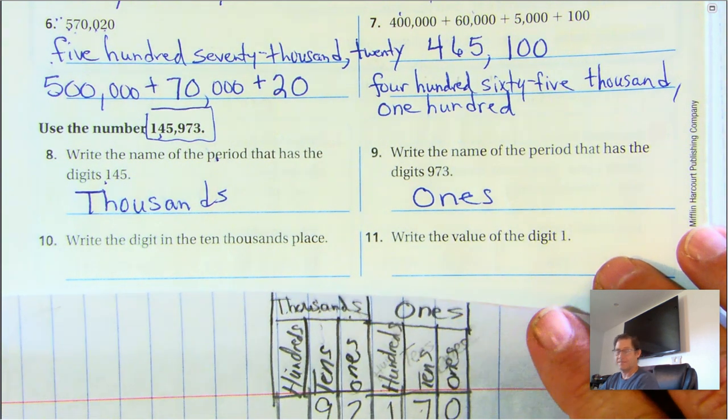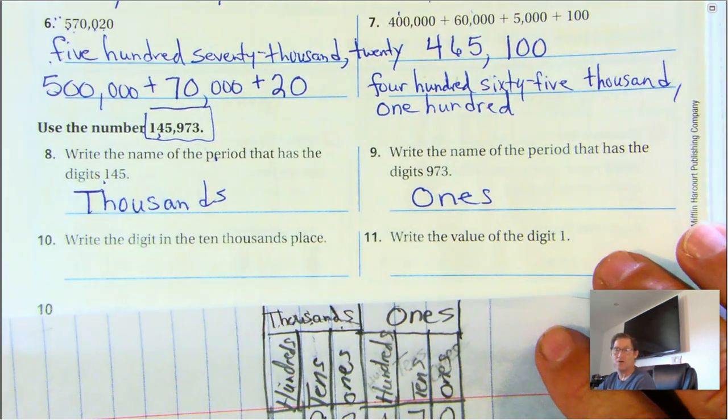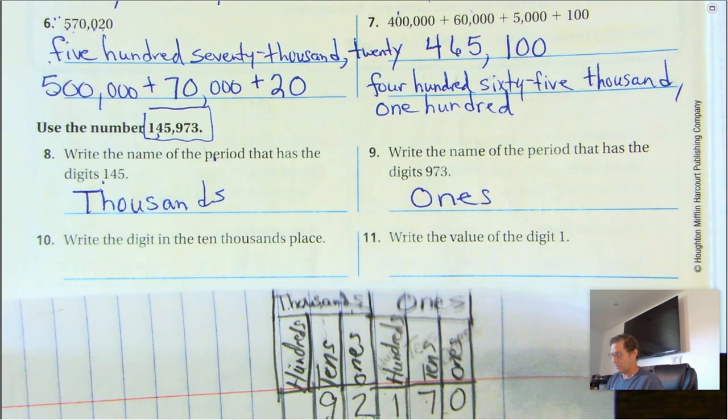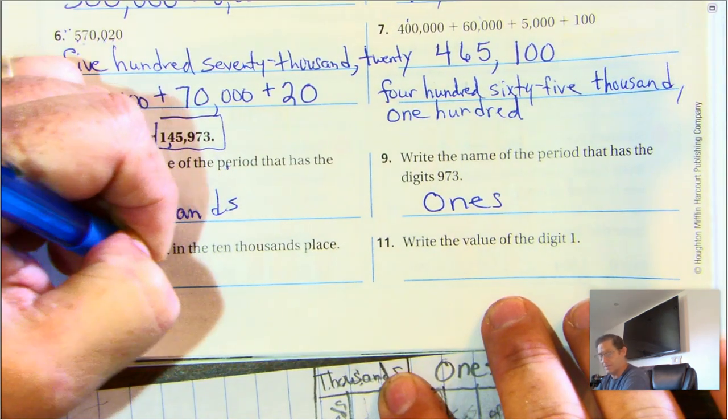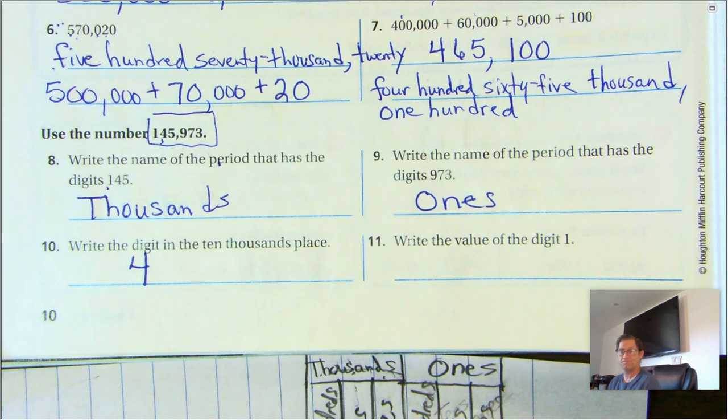Now it says write the digit in the 10,000s place. So if you looked at the number you put in your place value chart, I noticed that the 4 is in the 10,000s. So we're going to write 4. Write the value of the digit 1.